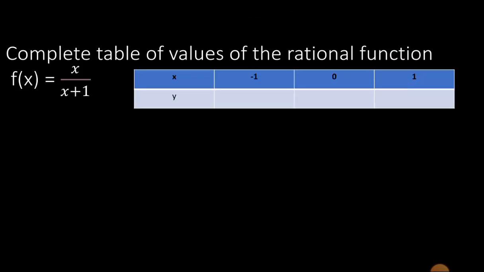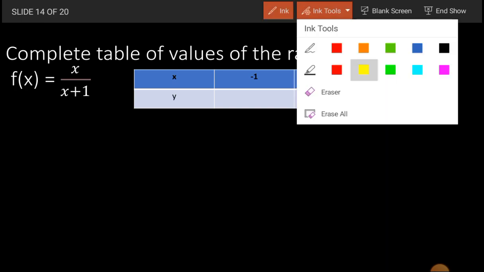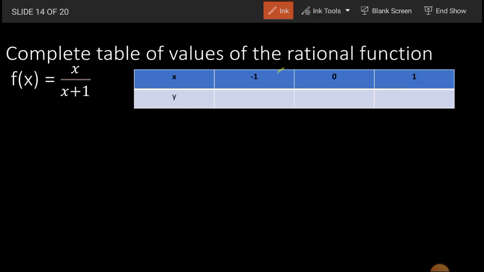For this next question, complete the table of values of the rational function. To complete this table of values, we have to substitute the assigned values of x in the whole function.